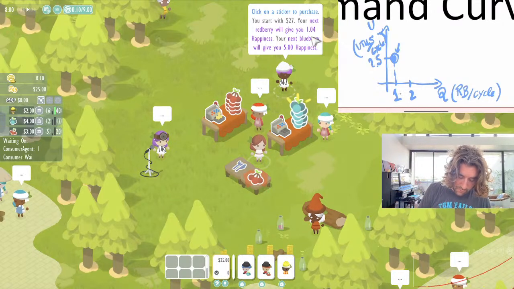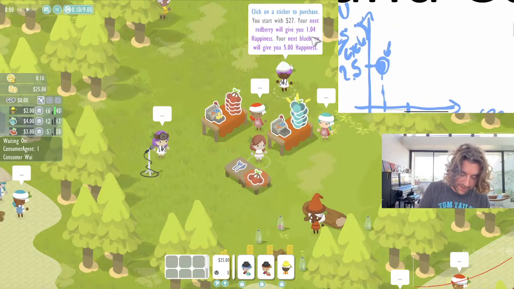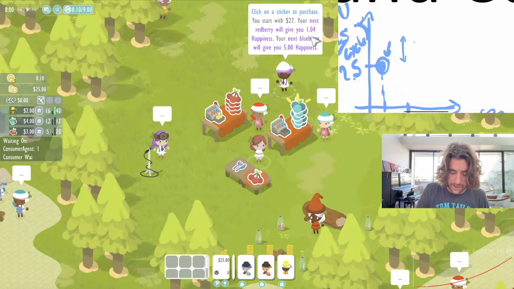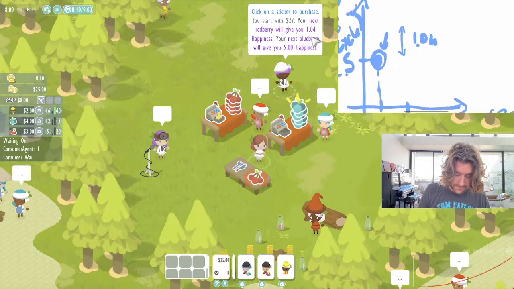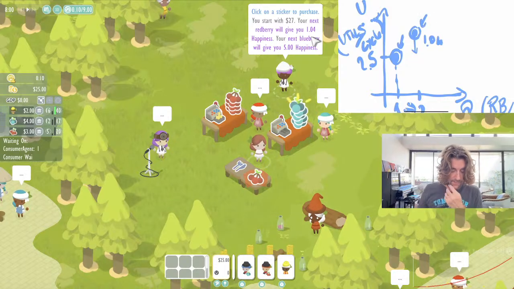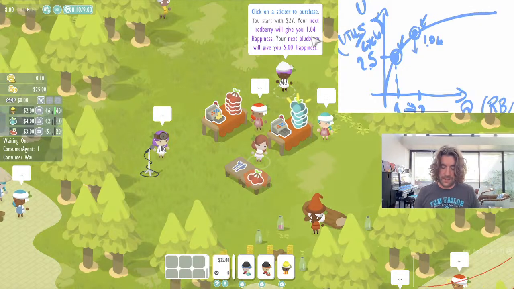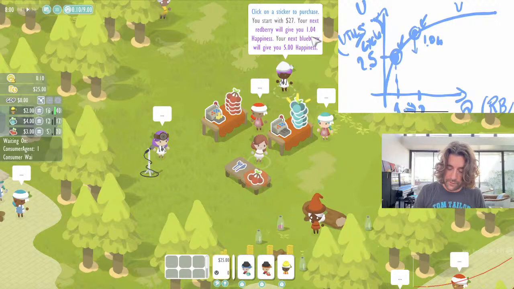So going from 1 to 2 red berries generates an increment of happiness which is only equal to 1.04, as it's expressed in that speech bubble there. So as you can see, the next red berry is giving me a little less happiness. So if I had to plot this going forward, the utility curve would look a little bit like this.